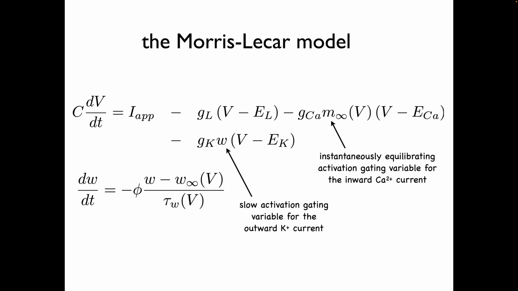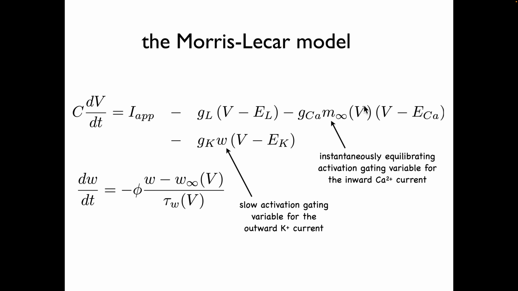So recall that the Morris-Lecar model was a simplification of a 3-variable dynamical system for membrane excitability and oscillations in barnacle muscle fiber. It's reduced to 2 dynamical variables using the assumption that the gating variable for the regenerative inward calcium current is instantaneously or very rapidly equilibrating as a function of the voltage.